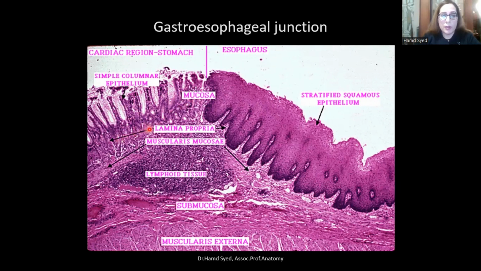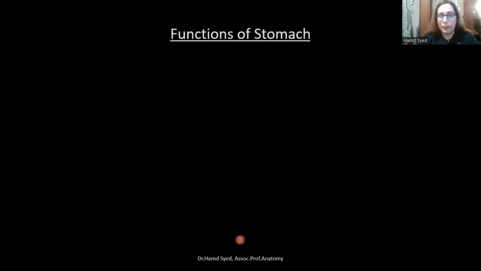That is the lamina propria, which is outer to this columnar epithelium, and then the muscularis mucosae. Collectively, the epithelium, lamina propria, and muscularis mucosae are known as the mucosa of the stomach. And here you can also see the lymphoid tissue. And over here then comes the submucosa, that is external to the mucosa. And then external to that is the muscular layer.